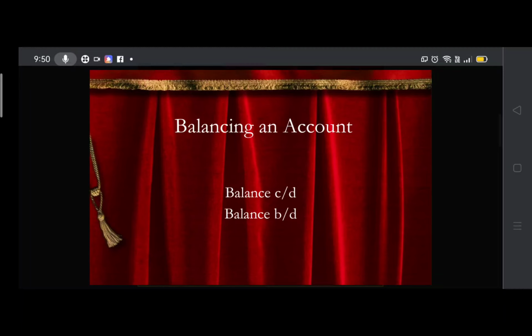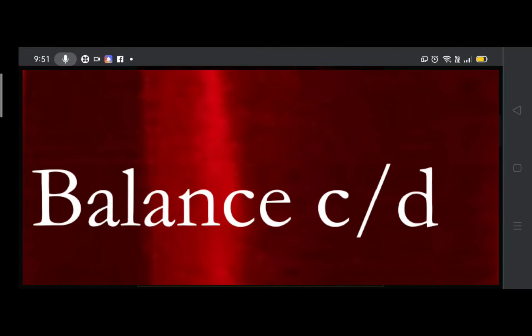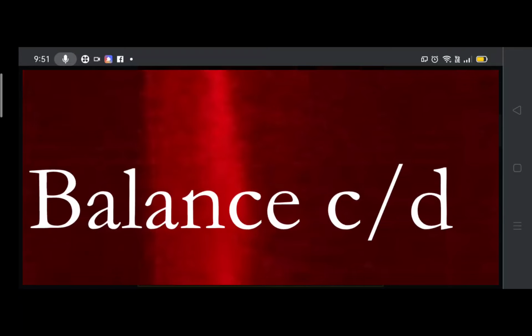If we write this balance carried down on the debit side, we write it as 'to balance carried down'. If we write it on the credit side, we write it as 'by balance carried down'. The excess of the debit total over the credit total is called a debit balance, and the excess of the credit total over the debit total is called a credit balance.